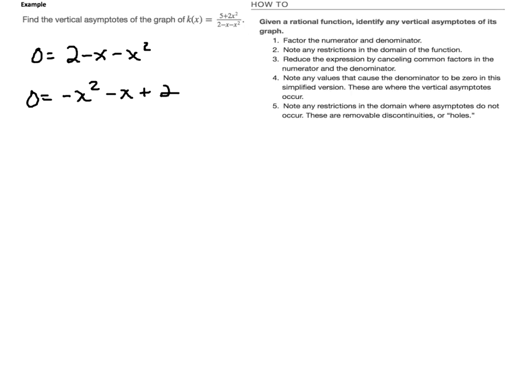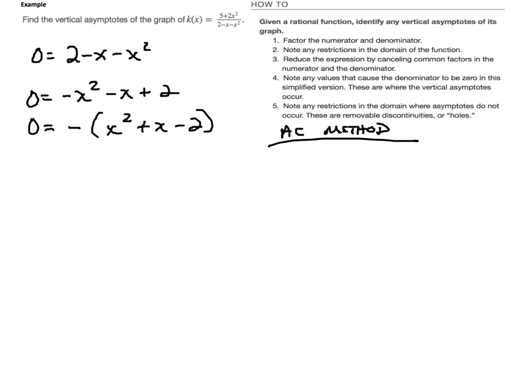Okay, so I need to figure out when will the denominator 2 minus x squared be equal to 0. And I do not like it in this form. I want to get it in standard form. Negative x squared minus x plus 2. I don't like my leading term to be negative, so I'm going to factor it out. X squared plus x minus 2.